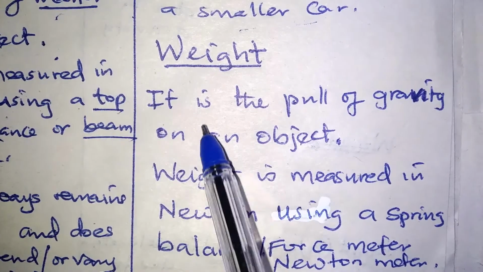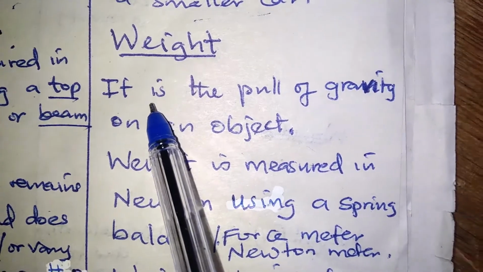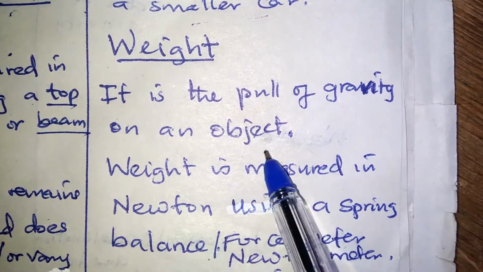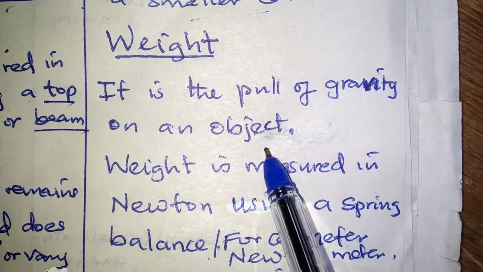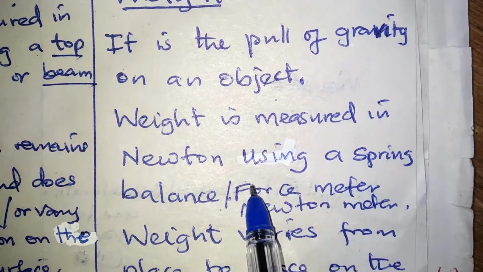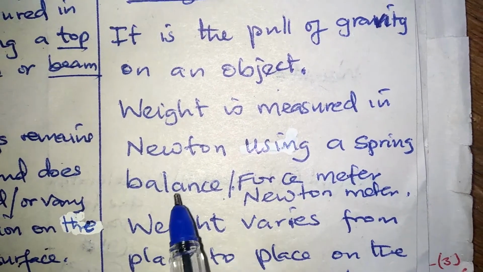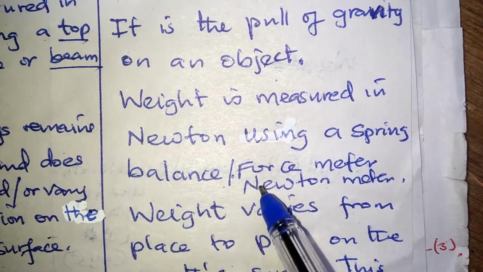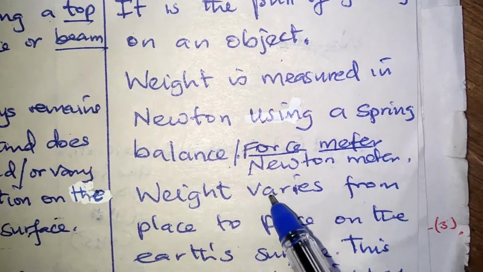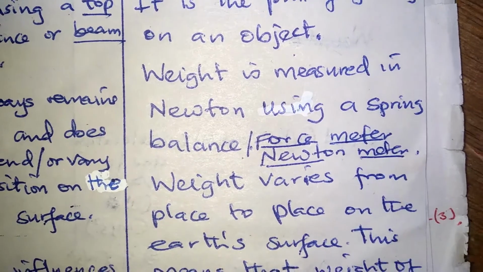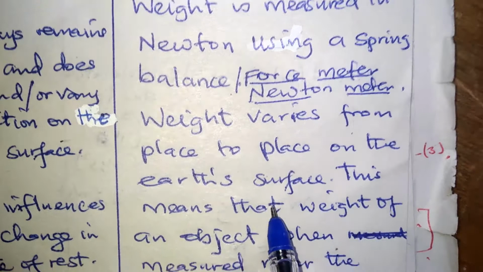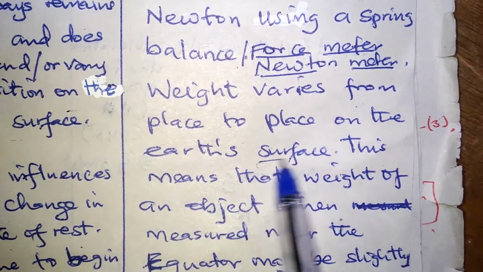Now, what about weight? Weight is the pull of gravity on an object. It is measured in Newton using a spring balance. A spring balance is also called a force meter or Newton meter. Weight varies from place to place on the Earth's surface.